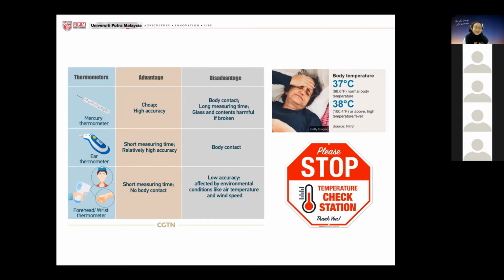So that's my point about linking COVID with temperature. Do your part. If you see something like this, tell the shopkeeper, your thermometer is not working. It's not possible, right?